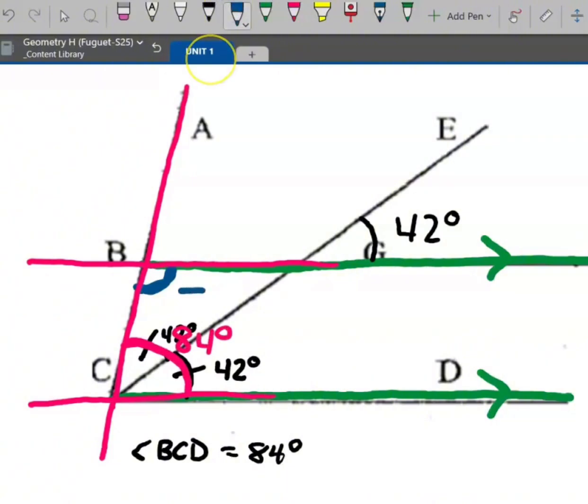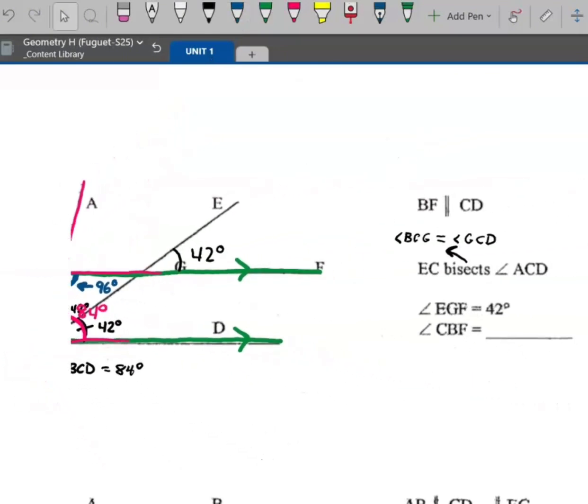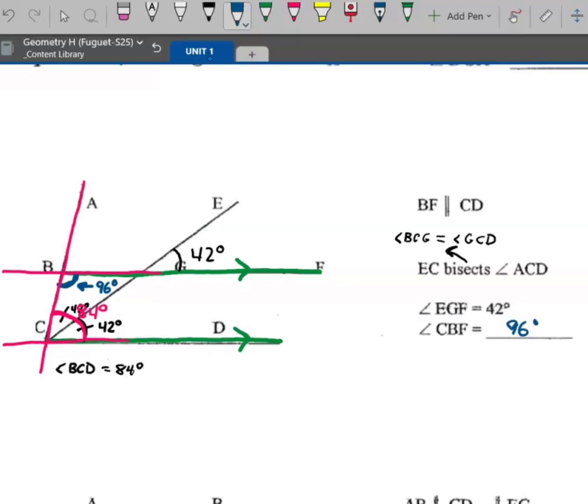Therefore, the blue angle that we're trying to look for is going to be a same side interior angle to it, based on being on the same side of the transversal and in between the parallel lines. That means they're supplementary with each other. So 84 subtracted from 180 is going to give me 96 degrees, which is what I'm trying to look for in this problem.